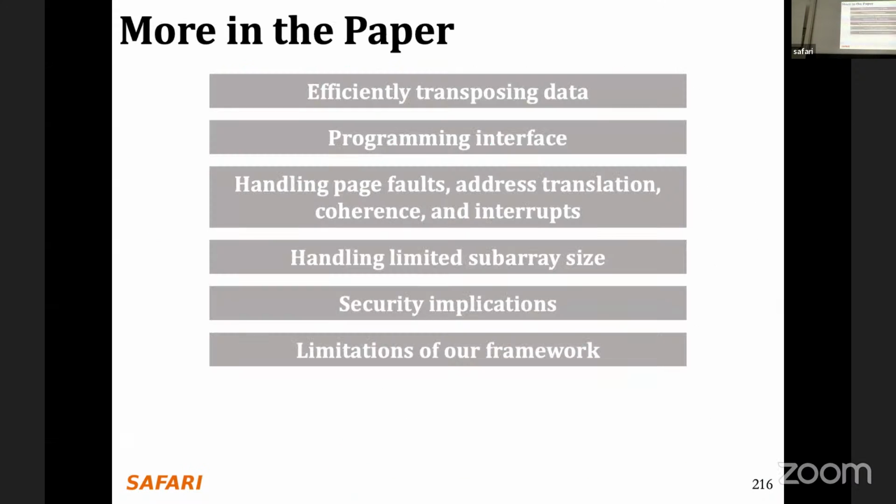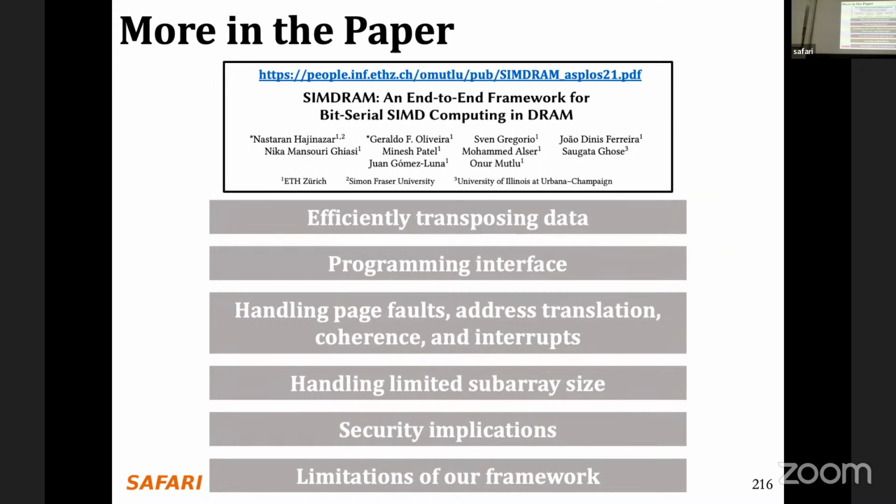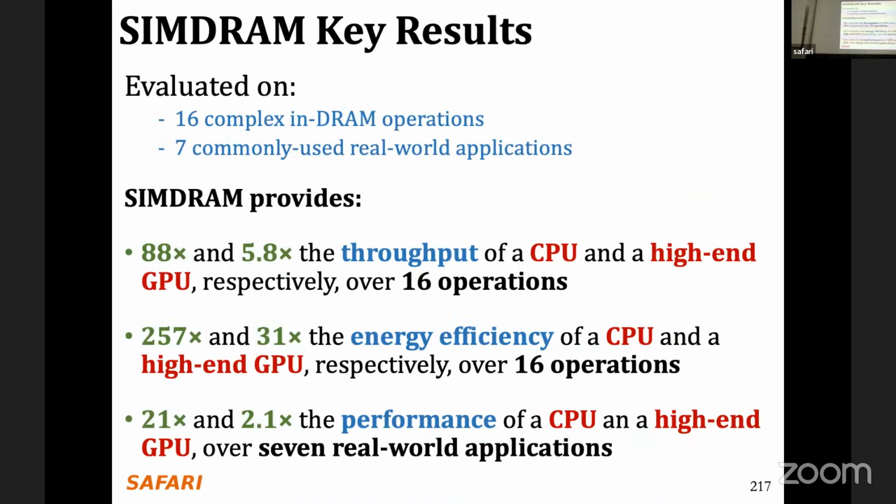So by doing so, we also have to handle some system integration challenges. By using this framework, we implemented 16 different in-DRAM operations following Ambit and RowClone. So we have addition, multiplication, division, subtraction, min, max, some equality checks, ReLU, bit count, and some others.